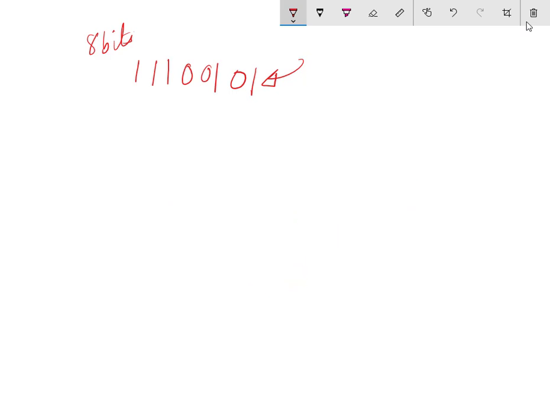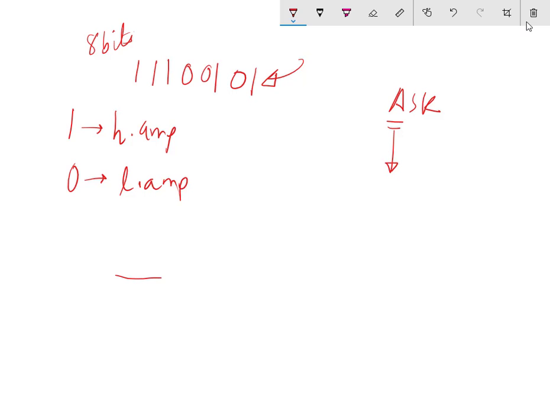So let me encode this. The definition of amplitude shifting was that the amplitude of the analog signal will be varied according to the message. So let's say for 1 we will have a high amplitude, and for 0 we will have a low amplitude. Let's do this for this bit sequence. Let's say this is our reference value.